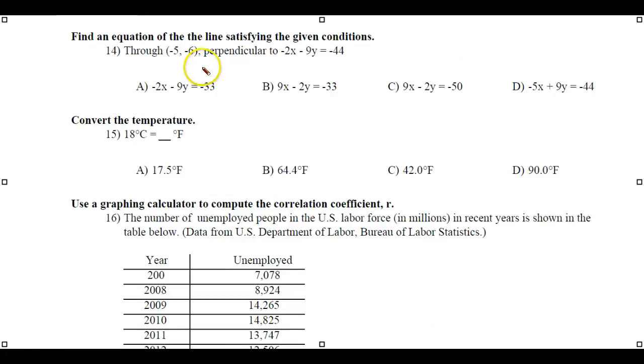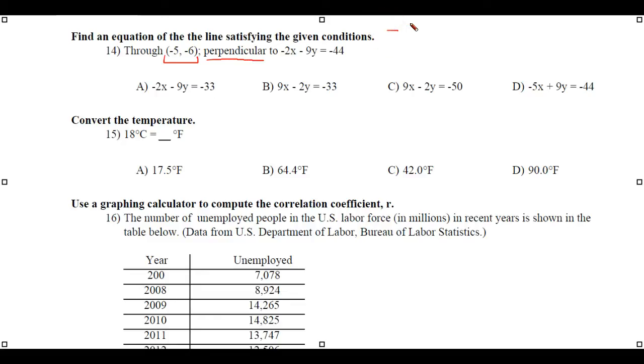Now number 14, a little twist. Here they're giving you 1 point, but now they want an equation that is perpendicular. So in order to find out what our slope of this line is, we have to solve for a positive y.